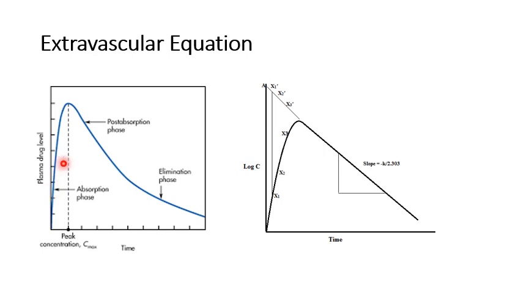If we change the plasma concentration time curve to a logarithmic scale on semilog paper rather than this representation on linear scale, we should get a straight line for the elimination phase, and we still have the absorption phase. From the slope of this straight line, we can find the elimination rate constant of the drug.